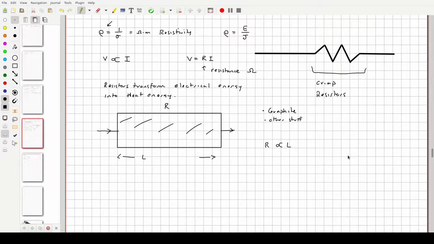Now, that said, you also have the caveat that the bigger the diameter of this thing, so the bigger the radius, the bigger the area. That means that there's more room for these things to random walk through, which means that there's less opposition.